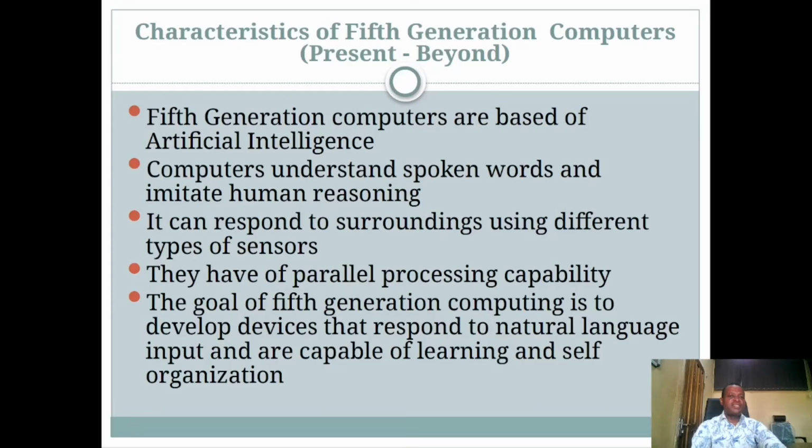Another point is that these computers can respond to surroundings using different types of sensors. That means that computer systems in the fifth generation can sense the environment and behave appropriately or give out an appropriate response depending on the inputs they get from the environment using sensors.